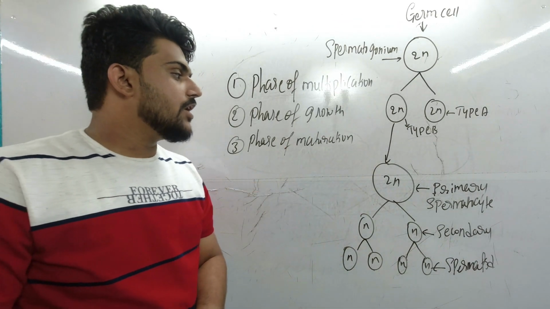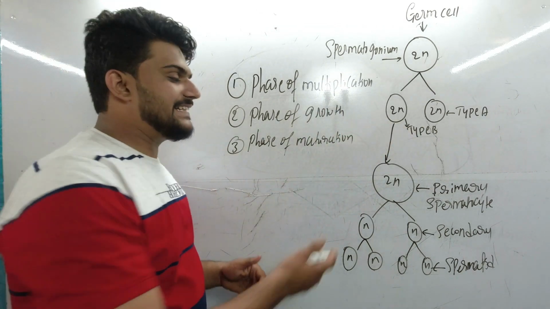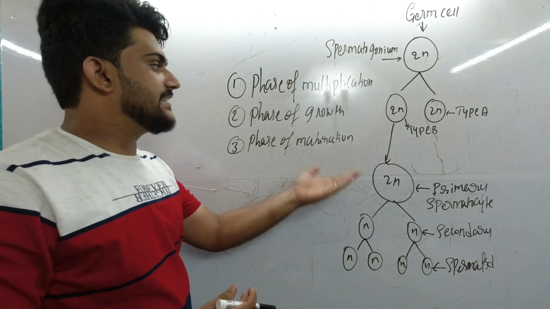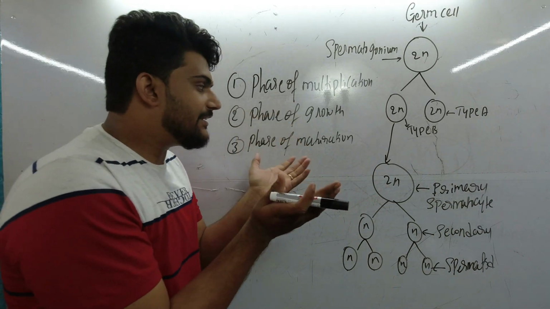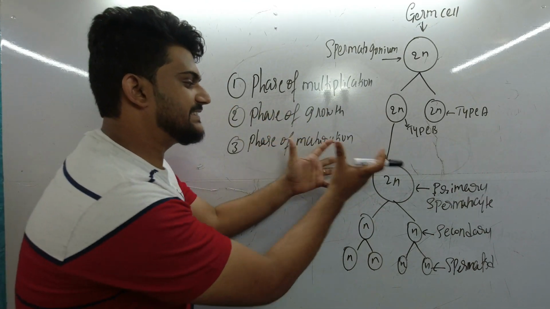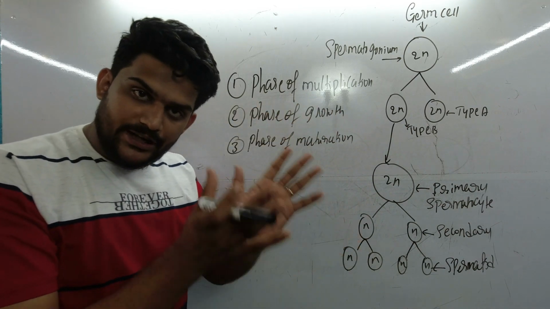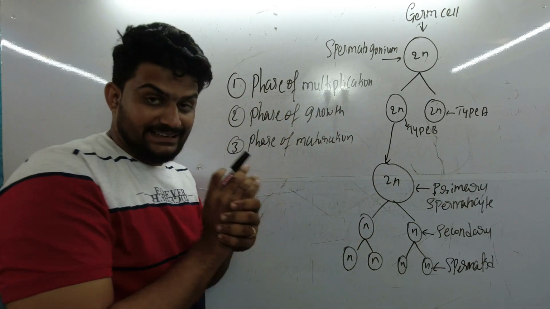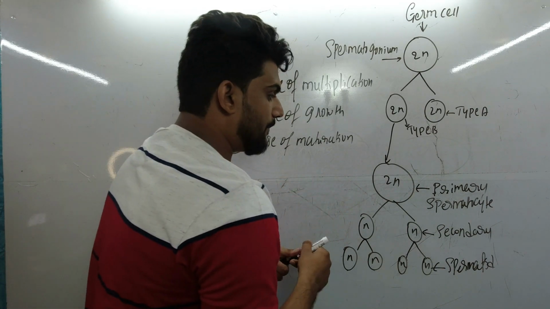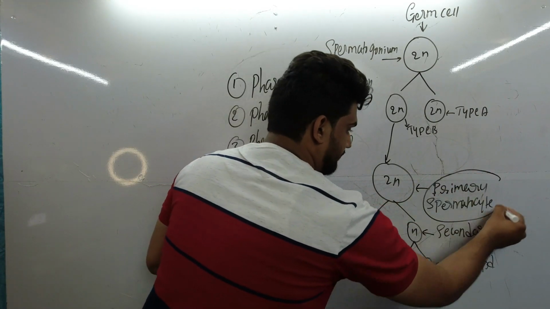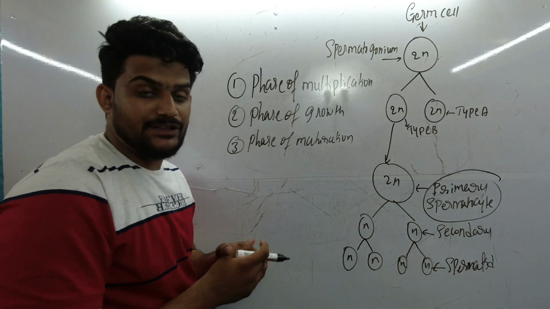So these type B cells undergo the phase of growth. After the phase of growth, the cell which you get is still diploid, because only growth has taken place, no division has taken place over here. And this particular cell is known as the primary spermatocyte.